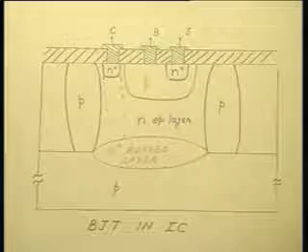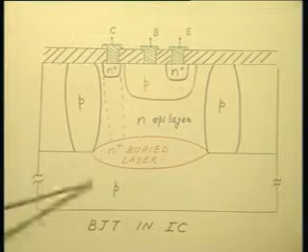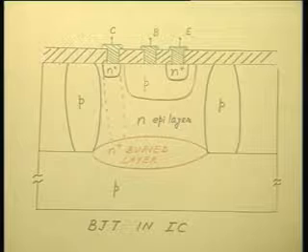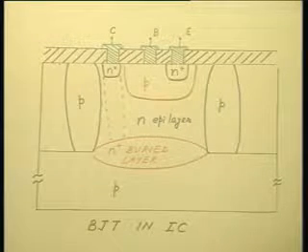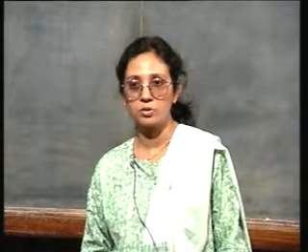So, these junction isolations were achieved again by diffusion process. Okay. So, you have to carry out a deep diffusion all the way down to the P type substrate. Now, in doing so, you see the deeper the junction is, there will be more lateral spread. You know that lateral diffusion is about 80% of the vertical diffusion.